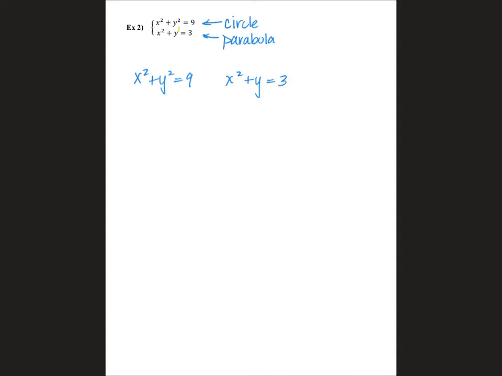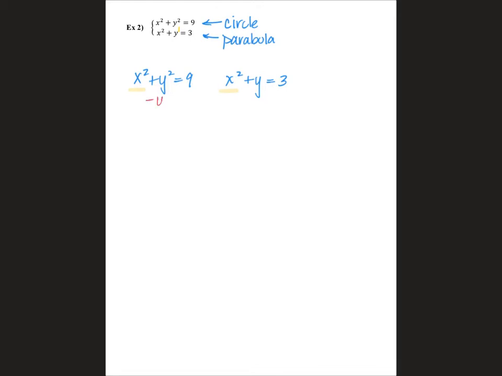Now, when I do substitution, I'm going to look for something that's common. Well, one thing that's neat here is both of these actually have an x squared. So I'm going to take the first equation and I'm going to substitute it into the second. So I'm going to take this equation and I'm going to solve it for x squared.